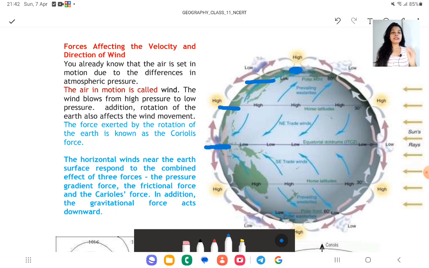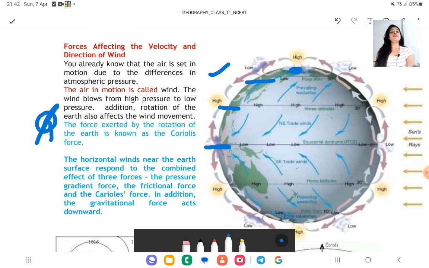The fundamental is very easy. If we consider the globe as you can see here, but actually our earth is slightly tilted on its axis.